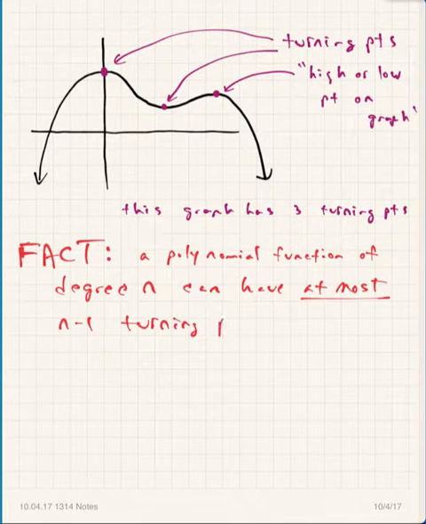We're definitely not going to prove that. We're going to use that as a fact here, that the most turning points it can have is 1 less than the degree. So a 4th degree polynomial, for example.